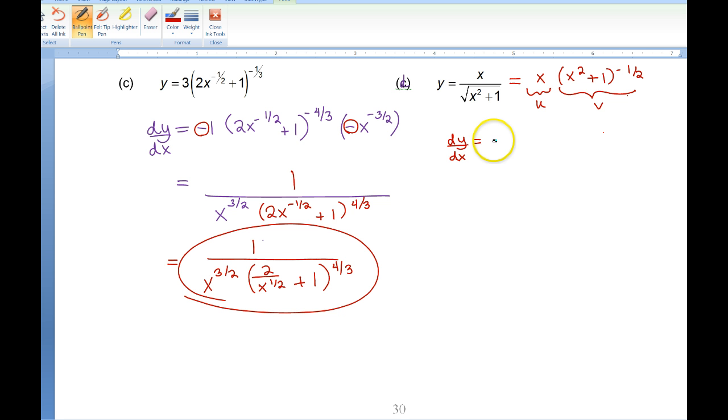Okay, so u is x, v prime: we're going to be multiplying that by a -1/2 x squared plus 1 to the -3/2 times the derivative of what's inside, which is 2x, plus, and then I'm going to have 1 times x squared plus 1 to the -1/2. Is that it? Okay, so, yeah, that's it.